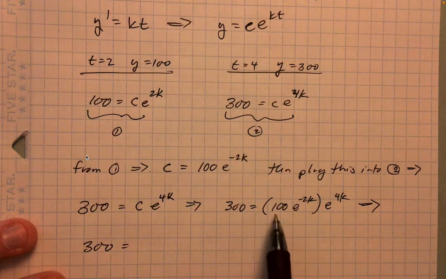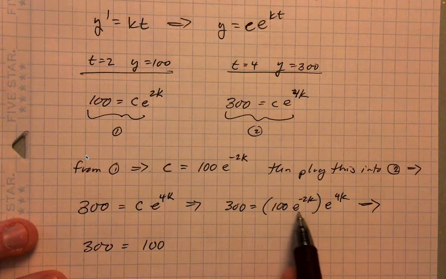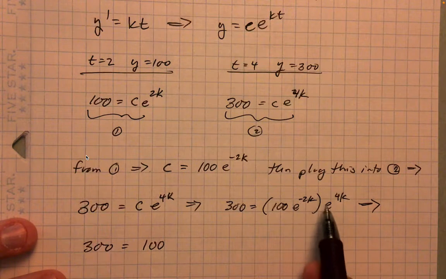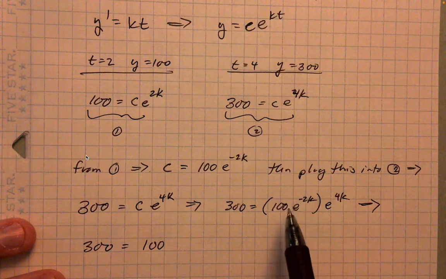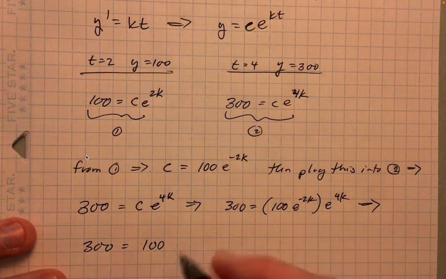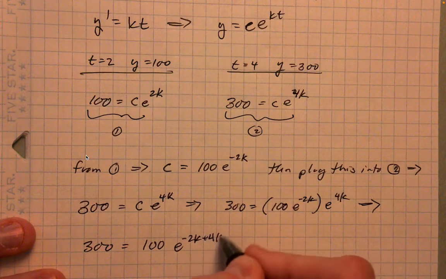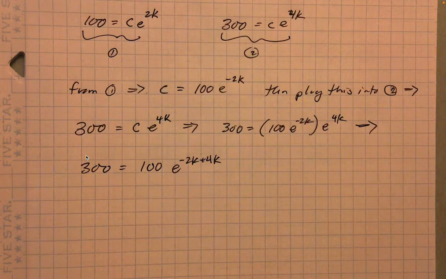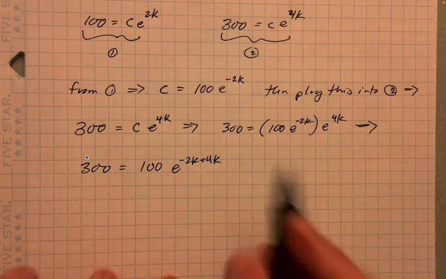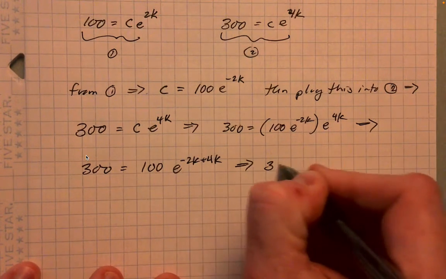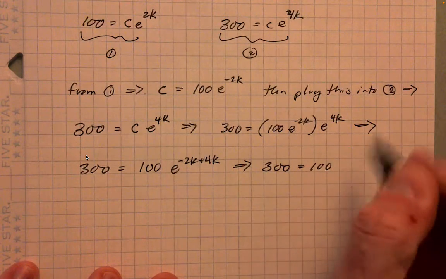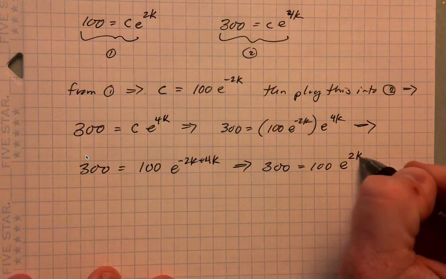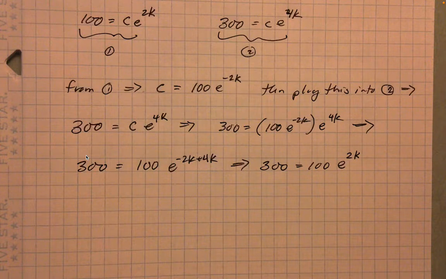So 300 equals 100 times e to the negative 2k plus 4k. I guess this will exercise your natural logarithm and exponential function skills. And so that means 300 is equal to 100 e to the 2k.